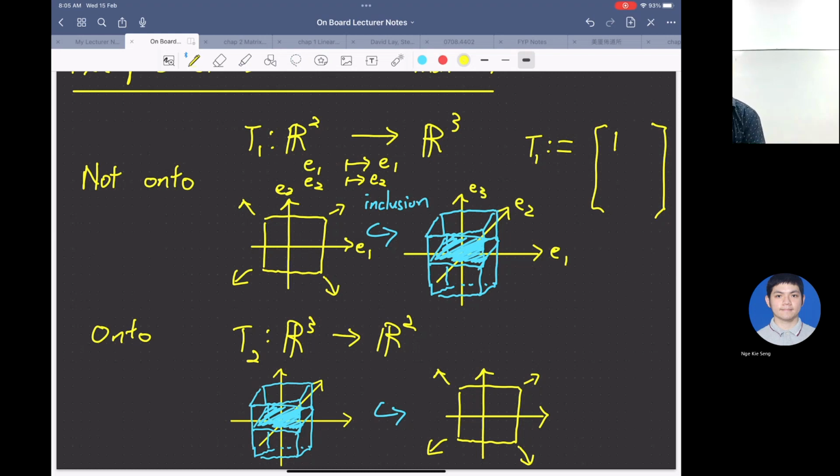It's a 1, 1 on the 2D side, and then 0 on the Z component. This will do the inclusion.